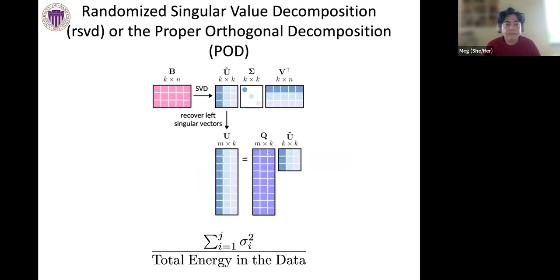One of the decompositions we studied was the randomized SVD, where we again compute the factors U, sigma, and V from B, and the higher dimensional reconstruction of U can be obtained from its lower rank representation U tilde. And we compute the energy spectrum of the data using the singular values.